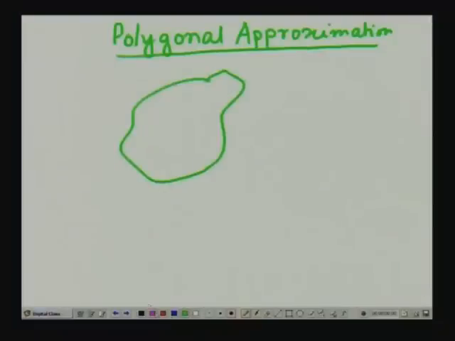By polygonal approximation, I mean that this given arbitrary boundary is represented by a polygon. A polygon may be like this. Say I represent the boundary by a polygon of this form.